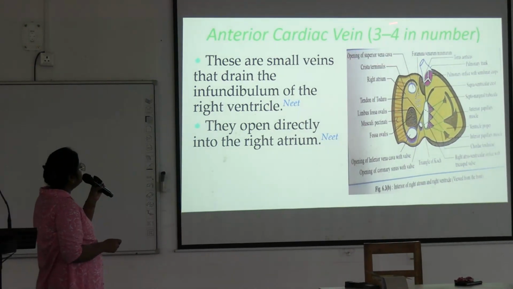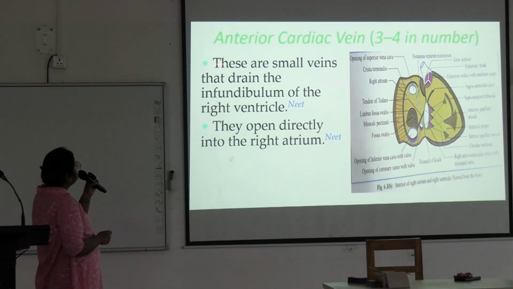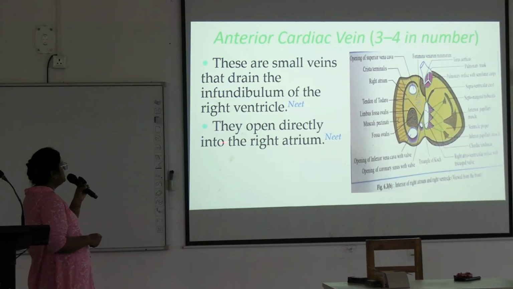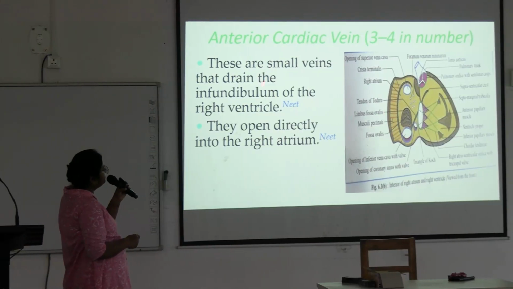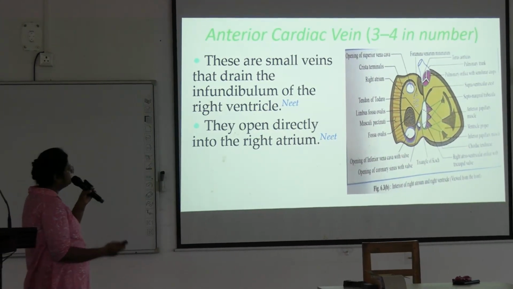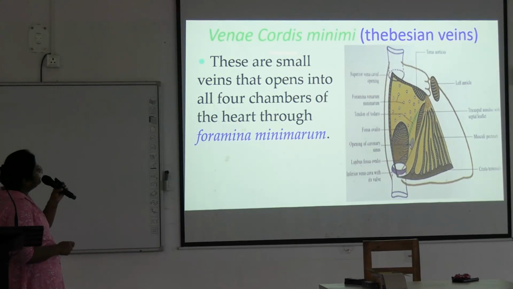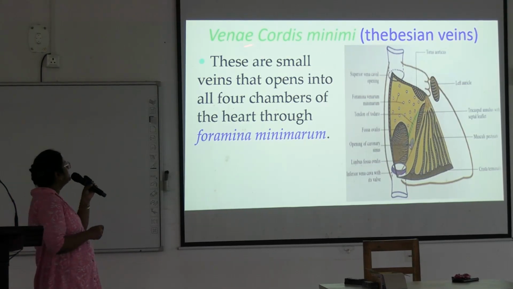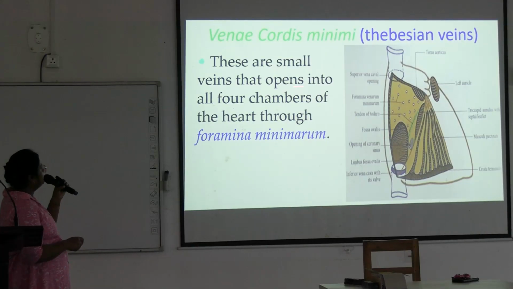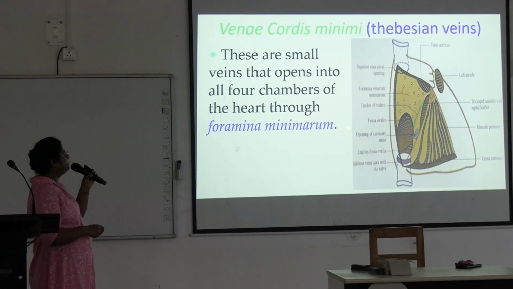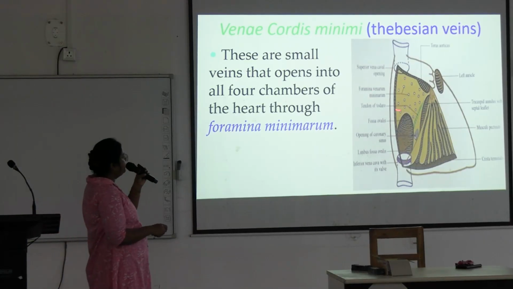Next, you see the anterior cardiac veins. These are small veins that drain the infundibulum of the right ventricle and open directly into the right atrium. Okay. Next, vena cordis minimi. These are also known as Thebesian veins, and these are small veins that open into all four chambers of the heart through foramina venarum minimarum.